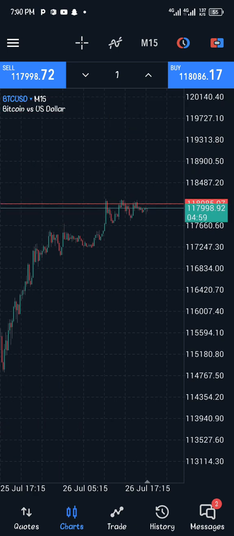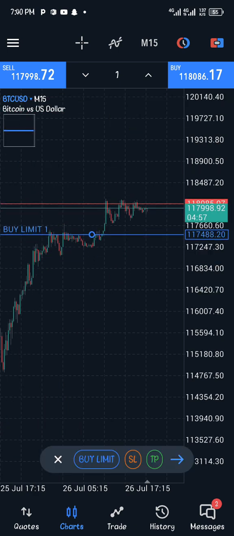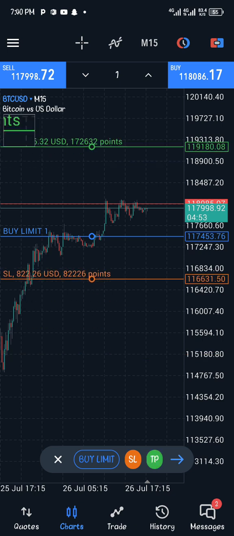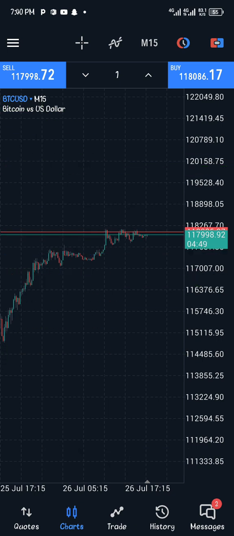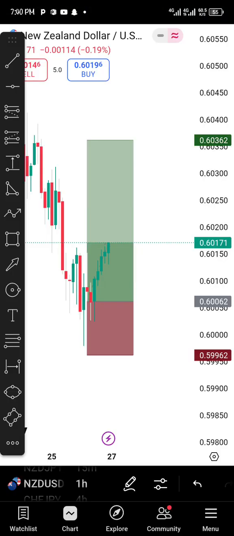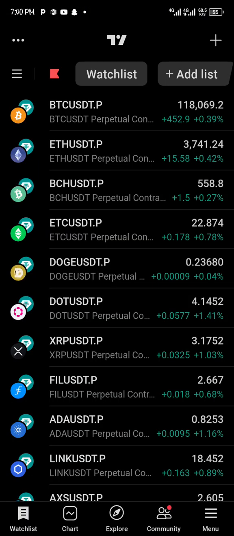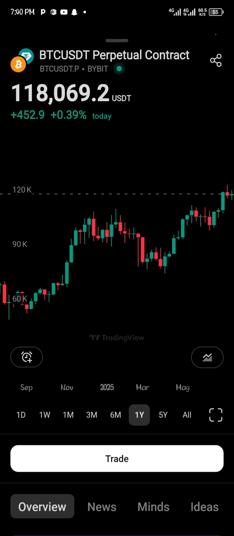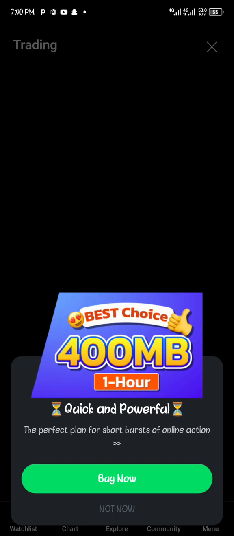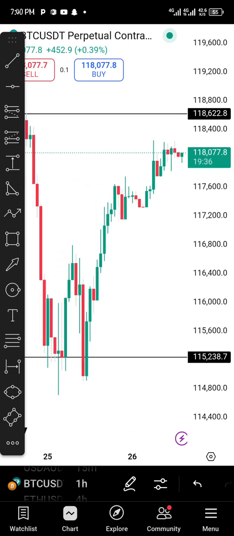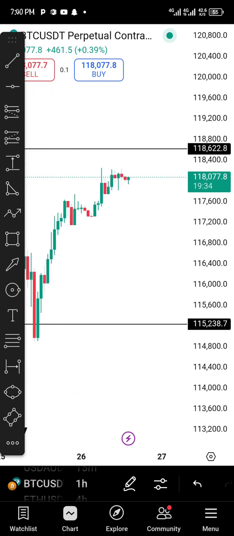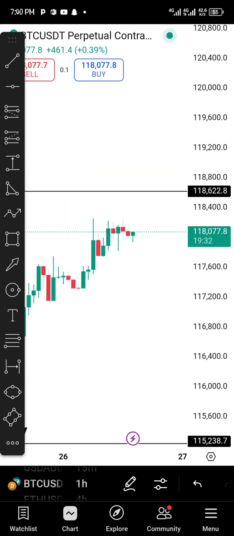So let's say you use Bitcoin USD. You put a limit order, you put SL, stop loss, something like this. But before you do this, you go to your TradingView and you select BTC USD. Once you select BTC USD, you now place your limit order.